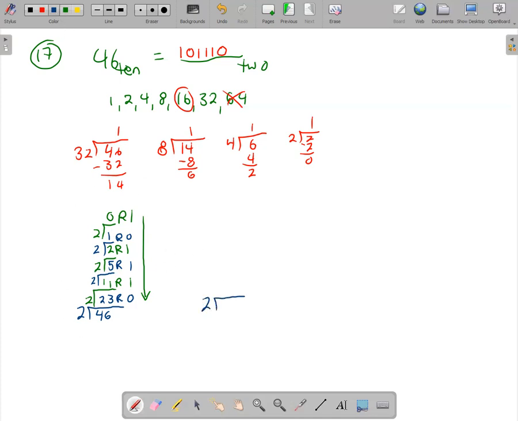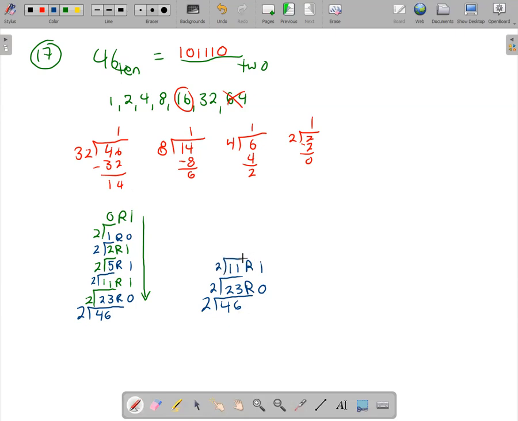So 2 goes into 46 23 times with a remainder of 0, right? Because it's even. And then 2 goes into 23 11 times, and that's odd. That's going to have a remainder of 1, right?